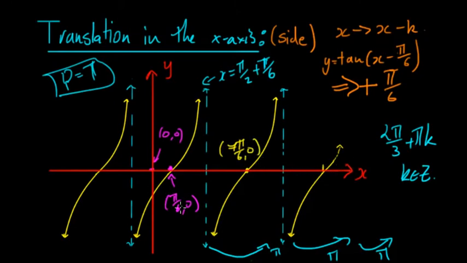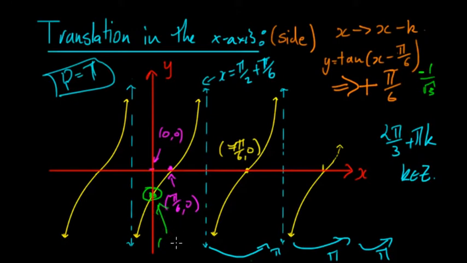One of the main differences though is that there may now be a y-intercept where previously there wasn't, so you would have to calculate for this value. That's when you let x equals 0, so you'd get tan of negative pi on 6, and you'd get 1 on root 3. Because it's in the fourth quadrant, it's going to be negative, and it works out because from this graph it's negative.